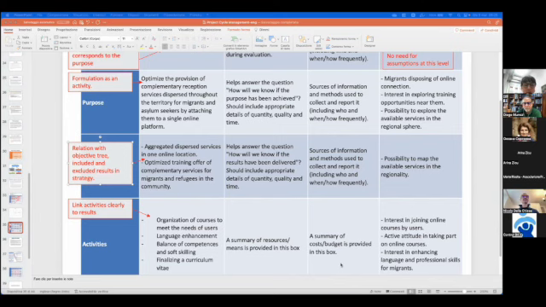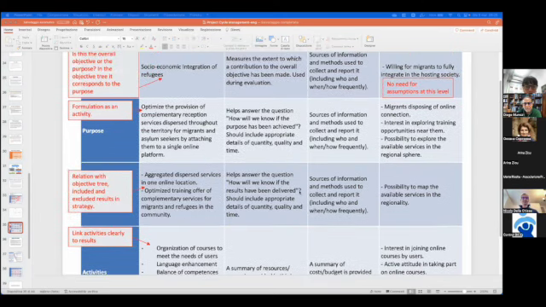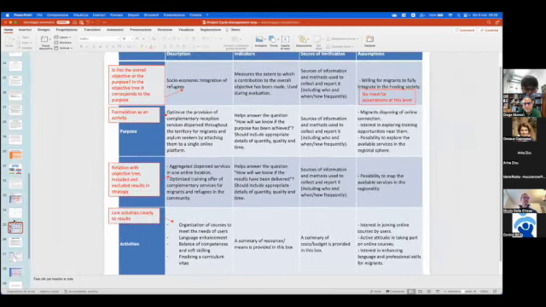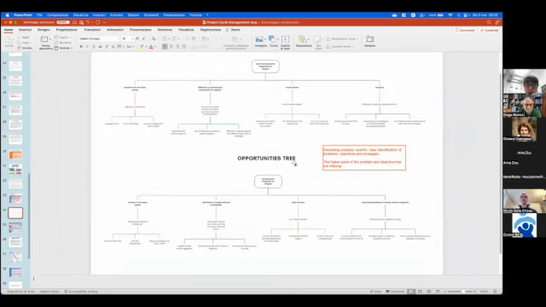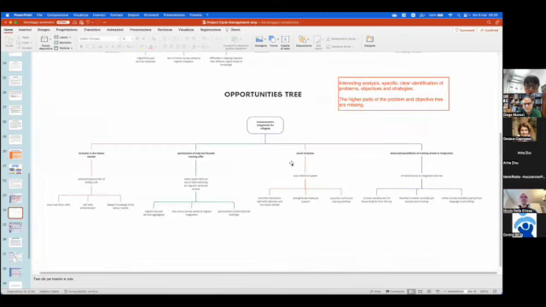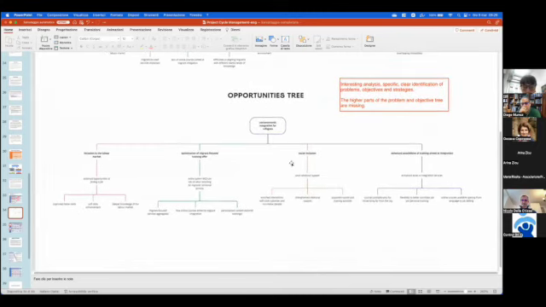Okay, so I just wanted to add something in relation to the tree. The problem and opportunities tree takes into consideration different frames of analysis.